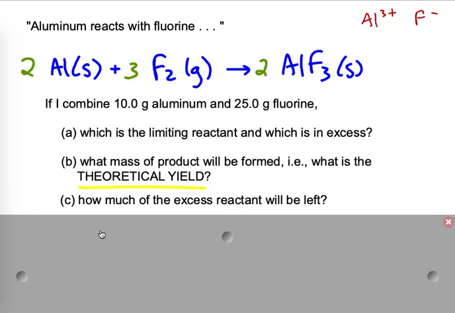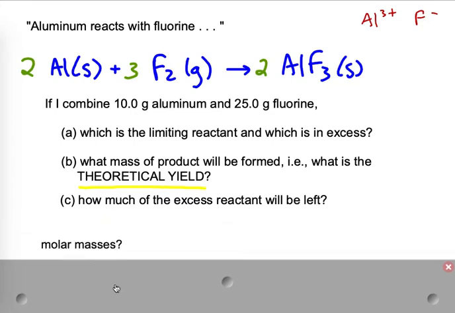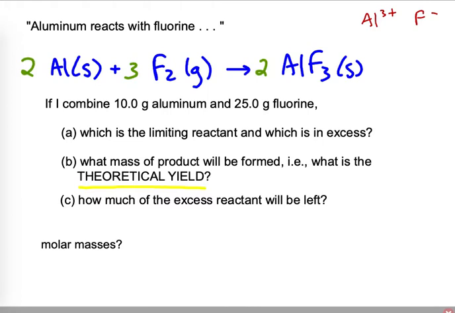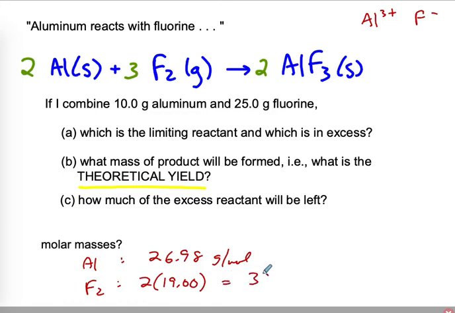Well, before we begin, we know that because this is a mass-to-mass stoichiometry problem, I'm going to need molar masses. So let's just go ahead and write and/or calculate the molar masses we need. Aluminum, from the periodic table, has a molar mass of 26.98 grams per mole. Fluorine, a diatomic element, will have a molar mass twice of that given on the periodic table, which is 38.00 grams per mole.